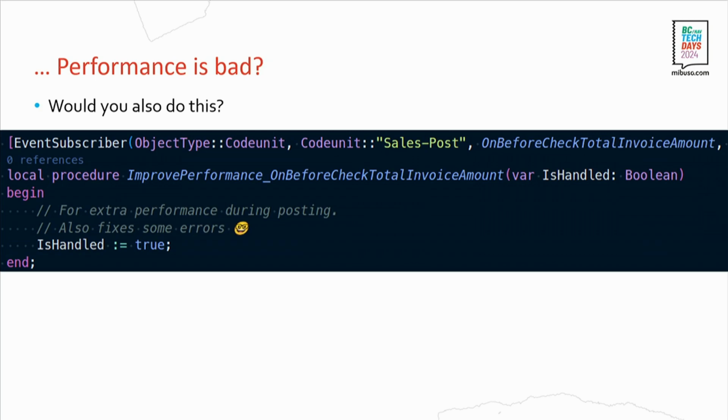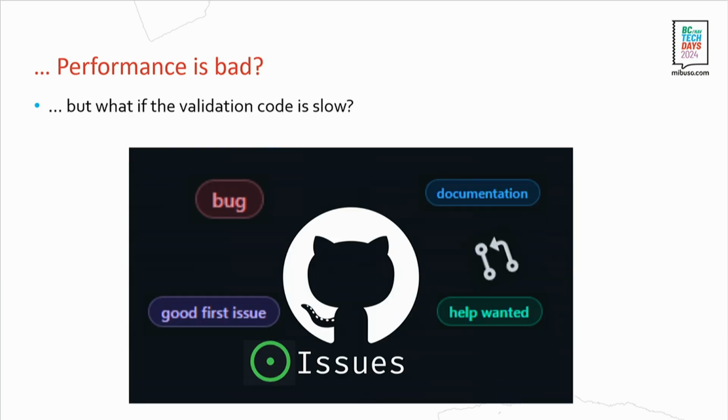So I don't know. But now, what do you do if performance actually is bad, and you don't want to skip the validation code? Well, if this is actually an issue or a bug, then you can report that either to Microsoft, if it's Microsoft code that's slow, or to the third-party apps, but you can also open a ticket, report that, and chances are that it might not have been discovered before.